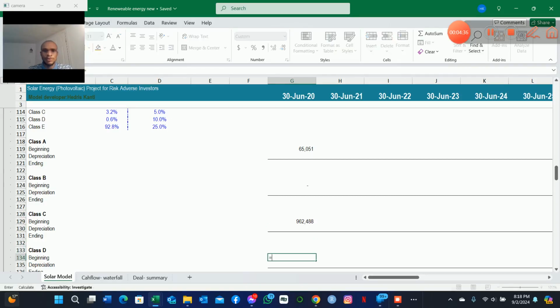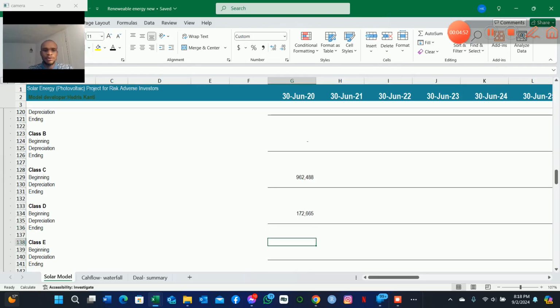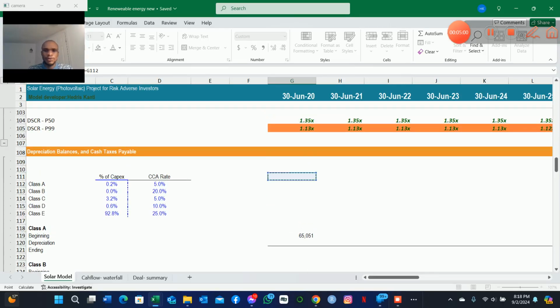Then for class D, take that number, that percent of capex, and we multiply it by K21. Class E, take this and we multiply it by K21 reference with F1.